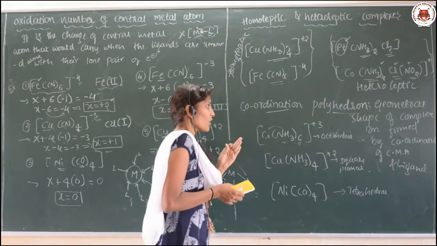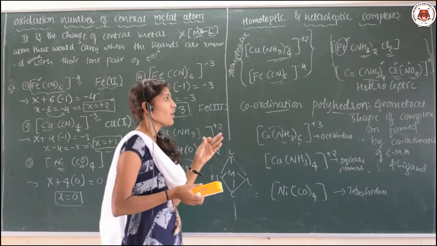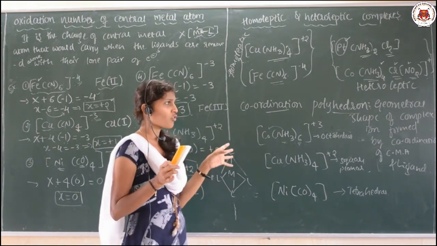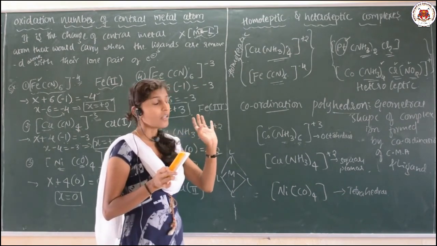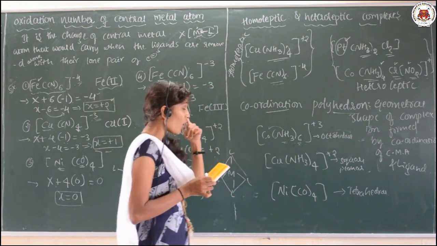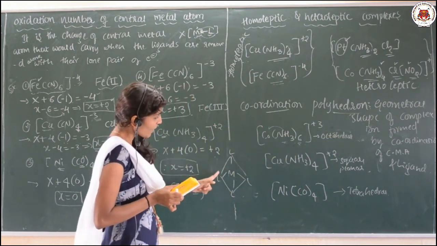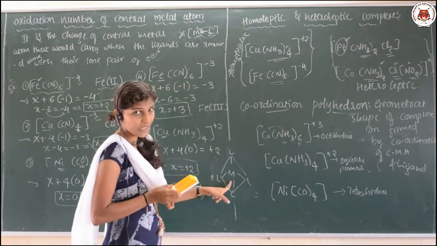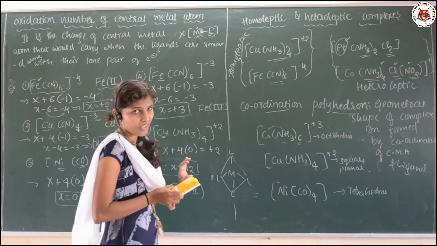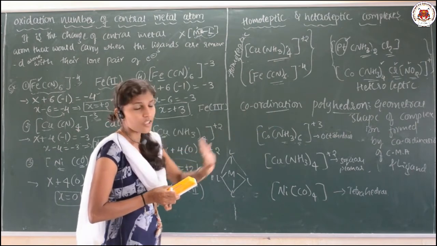Next, coordination polyhedron. It's about the geometry, how it appears in space, like a geometrical shape we can give here. Depending upon the ligand arrangement around the central metal atom, the shape is given for this complex. That is nothing but coordination polyhedron.